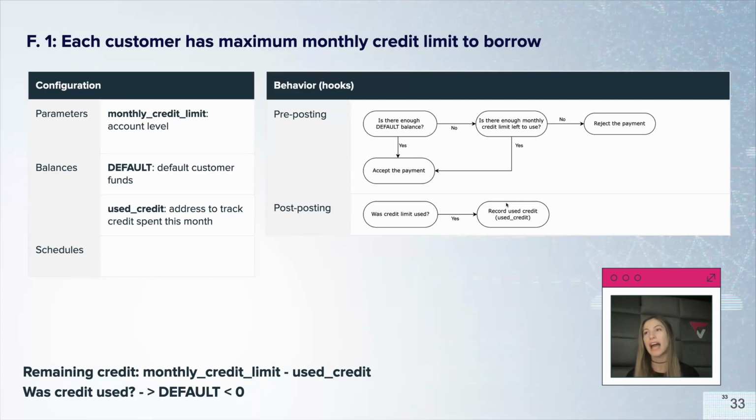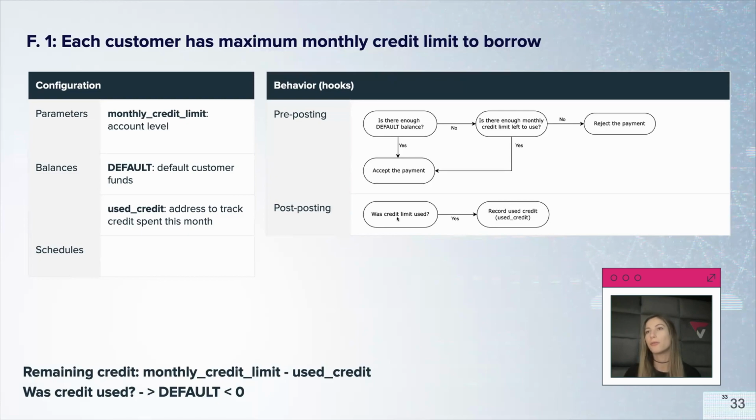So that means that I will implement an internal payment which will send money from the bank to the used credit address to increase the balance on the used credit, to mark down that this is the amount of money that I just used from the bank side to help me with the payment.